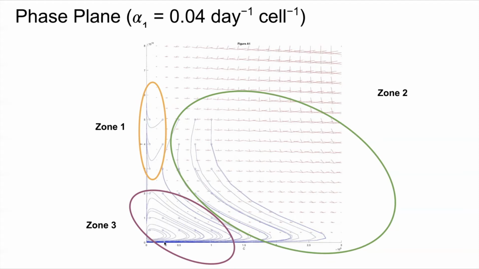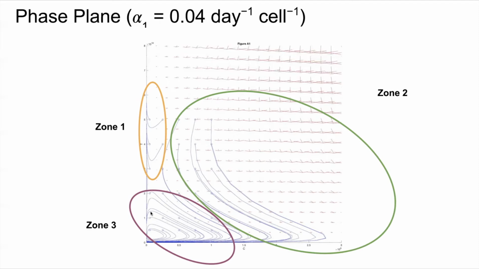However, you can see in Zone 3 that taking this initial condition, for example, the CAR T cell population is increased and the tumor population is initially decreased. But this reverts back to the origin and the tumor population increases again, which leads to this cycle of increasing and decreasing CAR T cell and tumor cell populations.